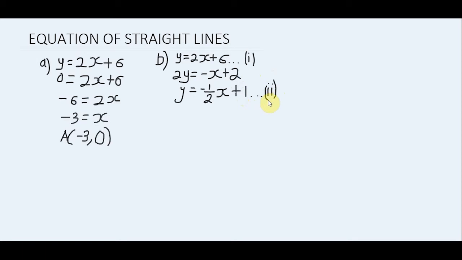We shall now combine both equations to solve them simultaneously. To make it simpler, I will solve them by substitution, which is easy because we have y as the subject of the formula. So substituting, we get 2x plus 6 is equivalent to negative a half x plus 1.